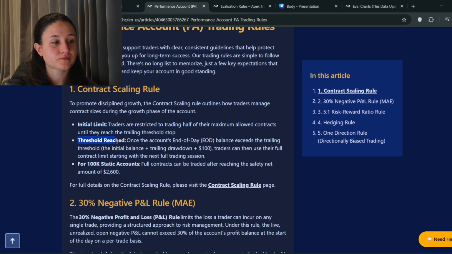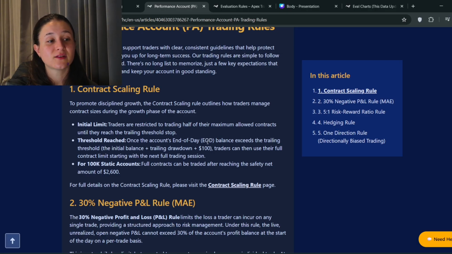Threshold reach. Once the account's end of day balance exceeds the trailing threshold, the initial balance plus trailing drawdown plus 100, traders can use their full contract limit starting with the next full trading session.